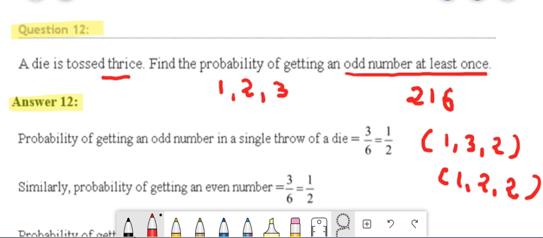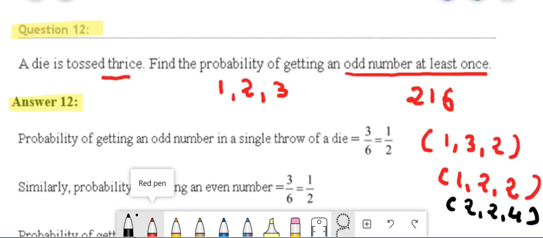And which type of element will I not consider? That is 2, 2, 2 or 2, 2, 4. Alright, means all even I will subtract. All even numbers we have to subtract. Now I will use this concept to explain to you. The probability of getting an odd number on a die is 1 upon 2.